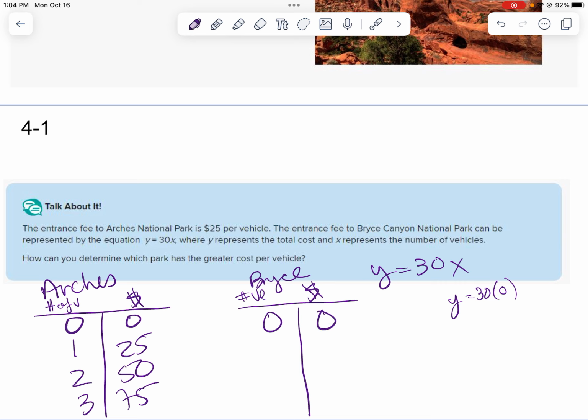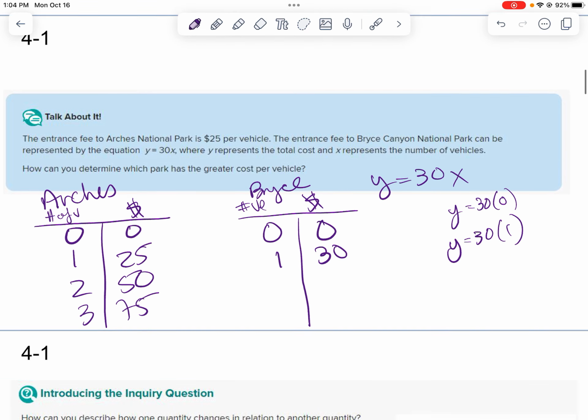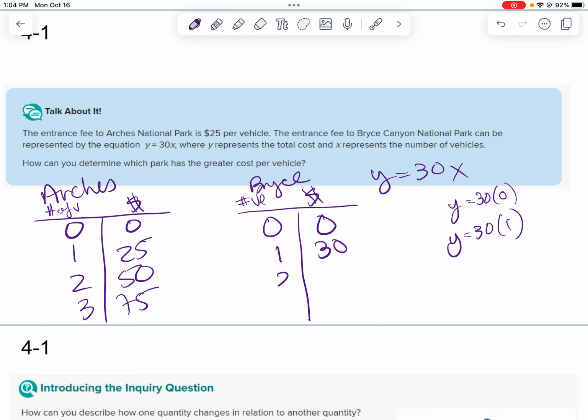That would get me 0. If I put in 1, y equals 30 times 1. That would be 30. If I put in 2, that would be 30 times 2. That would be 60. If I put in 3, that would be y equals 30 times 3, which is 90.